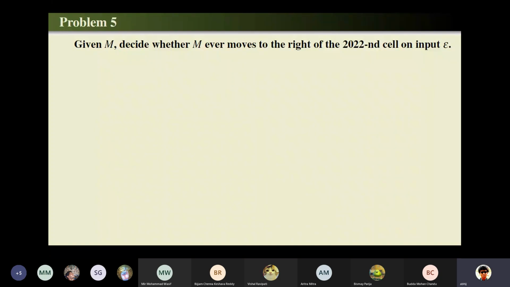Some movements are left, some movements are right, some may be stationary. It may go right, then come left, then right, left. The question is: is it eventually the case that M will move beyond the 2022nd cell? It's not immediately obvious that this is a decidable problem.